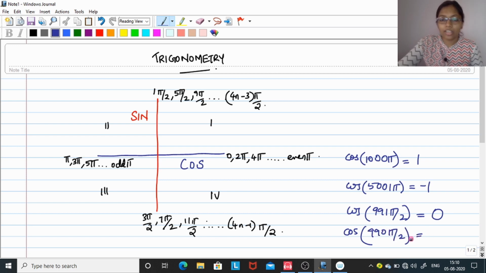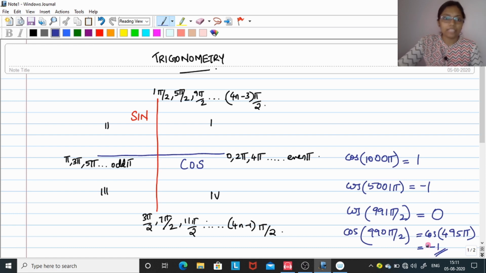So never jump into the answer suddenly. Why? Because 990 is an even number, so it is divisible by 2. So this is coming like cos 495 pi, isn't it? So this is an odd pi, cos odd pi is negative 1.